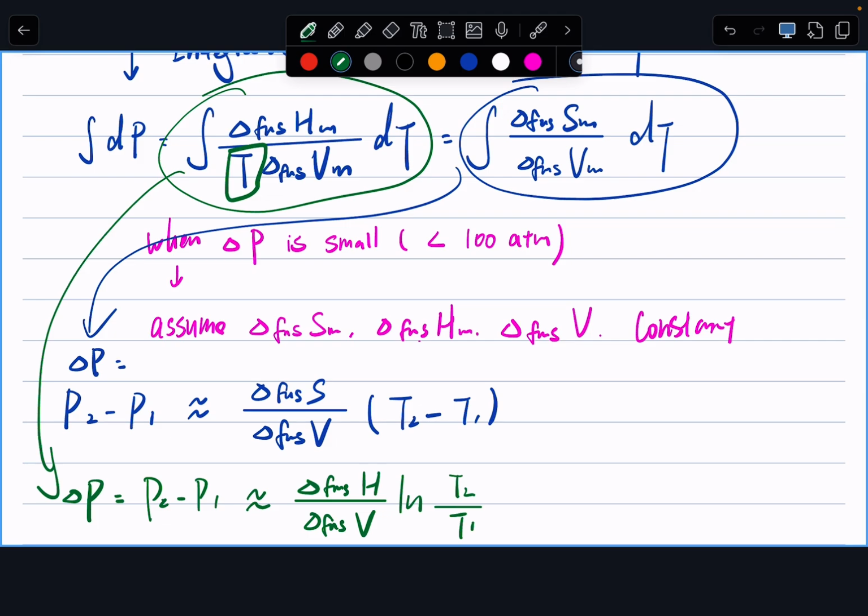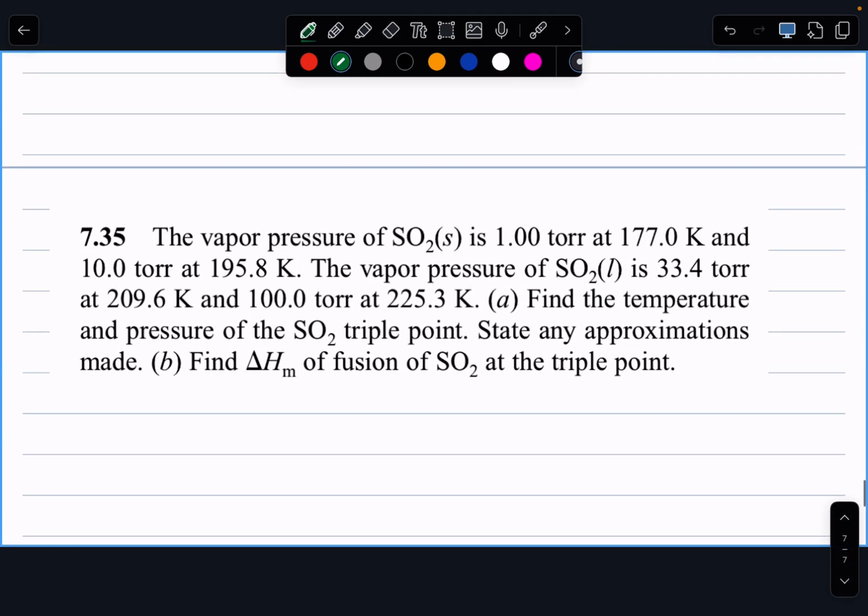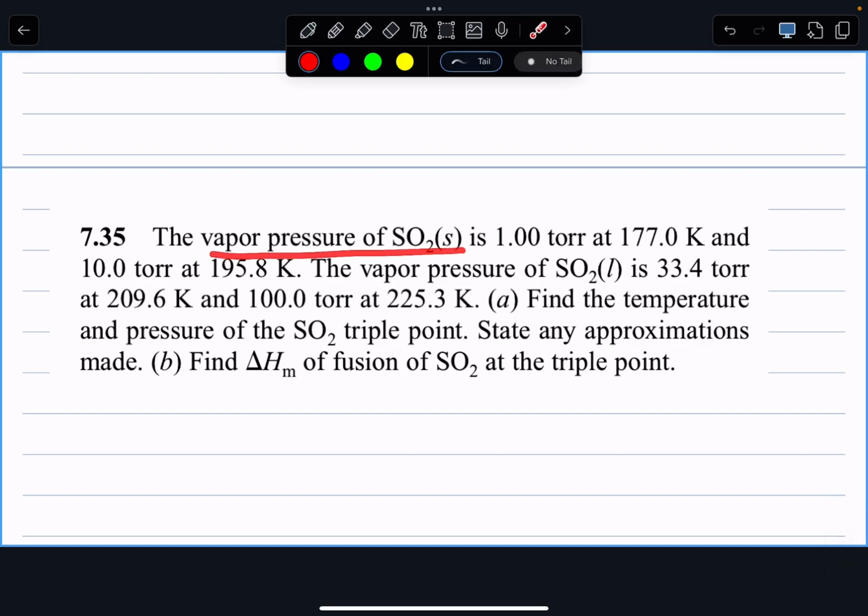So now let's look at a more comprehensive question of how to best use these relationships together to solve a real problem. For example, if we read this question together, we're saying, given that the vapor pressure of SO2 solid is 1 torr at 177 K. So vapor pressure tells you this is a solid-gas equilibrium and gives you two values for that solid-gas equilibrium.